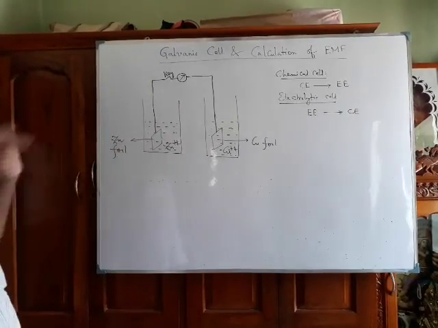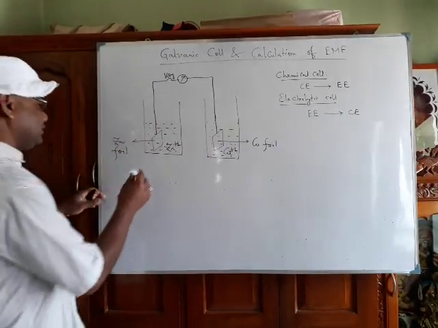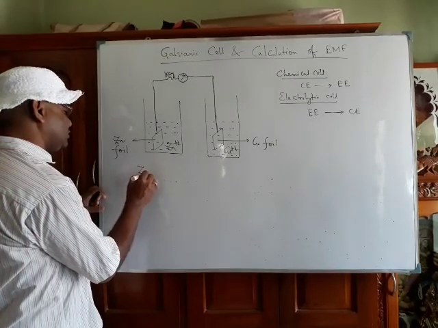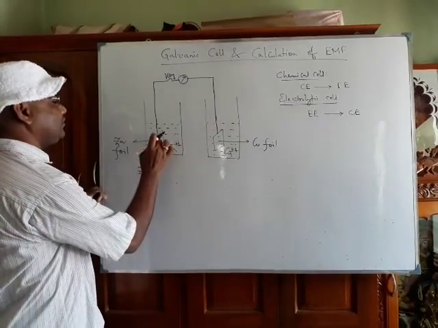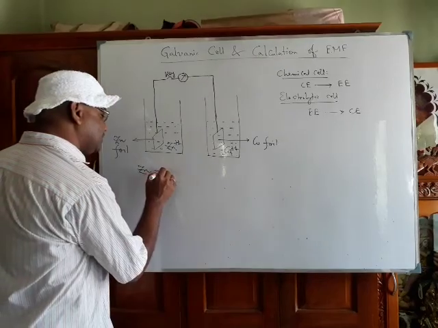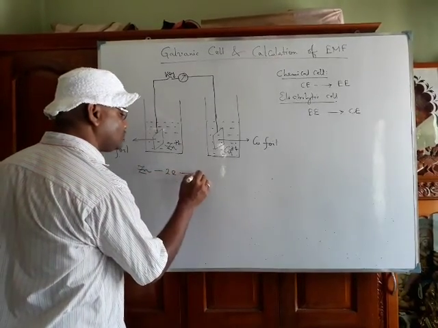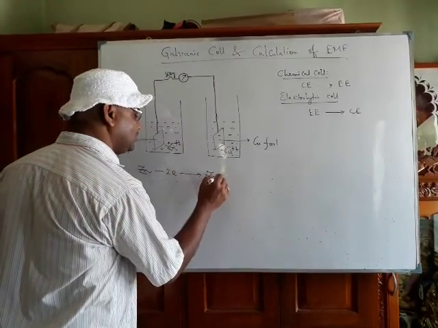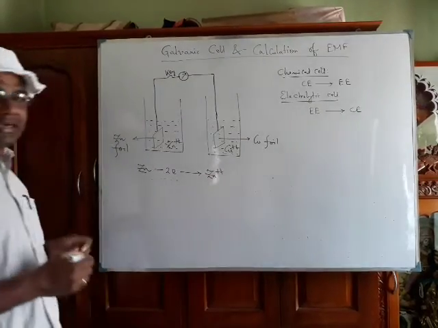Now what is happening? Look, at the zinc electrode, from the zinc foil, zinc atom by losing 2 electrons will come into the solution by forming zinc ion.